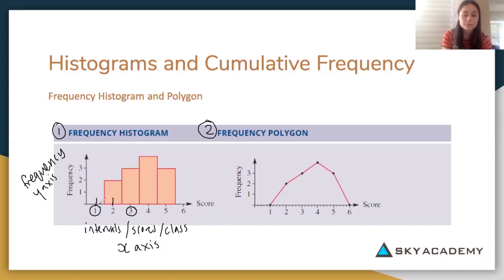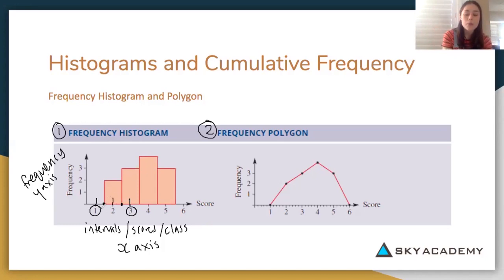You can just draw it in by eye. So halfway between 1 and 2 is there, and halfway between 2 and 3 would be there. And that would be the width of your box on the horizontal axis.